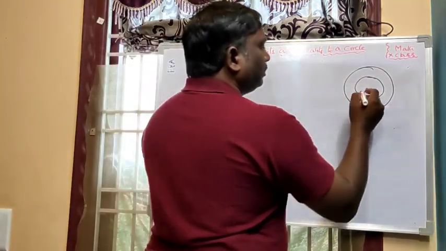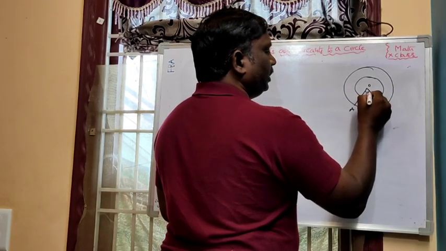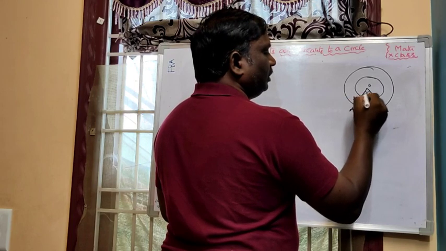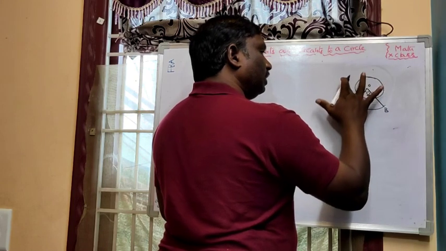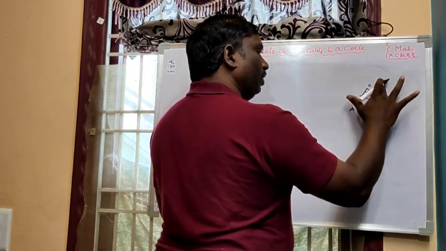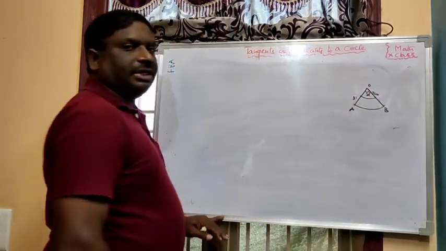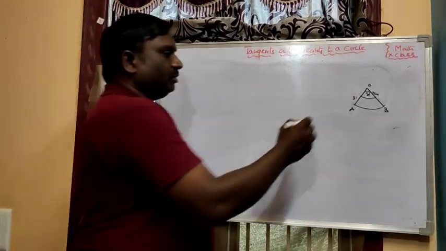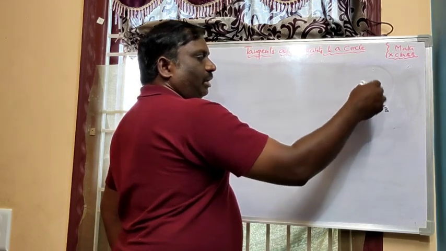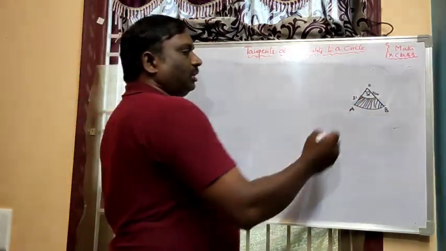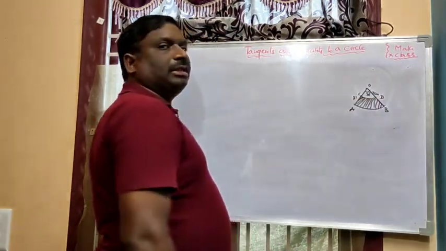They removed the total circle, they left only this one for you. They are asking to find the shaded region of two sectors. If you identify here, two sectors are there: OCD, one sector, and OAB, another sector.